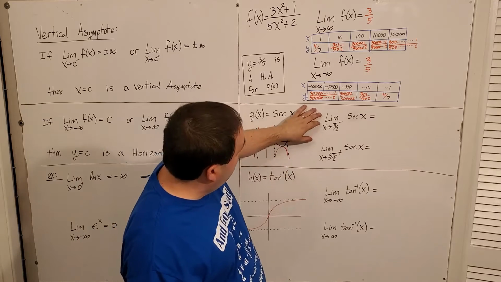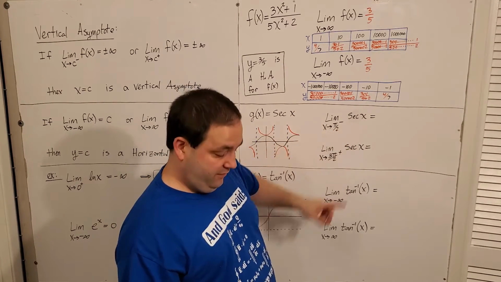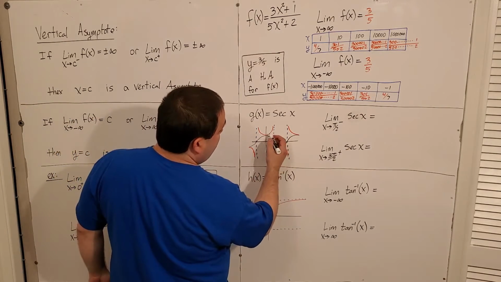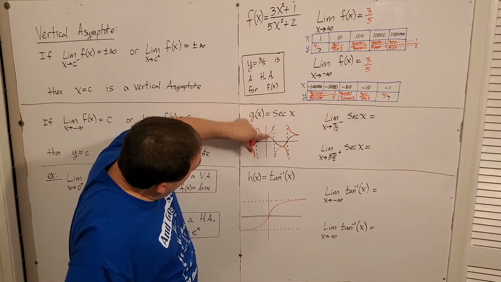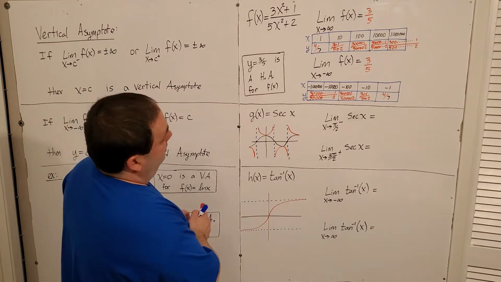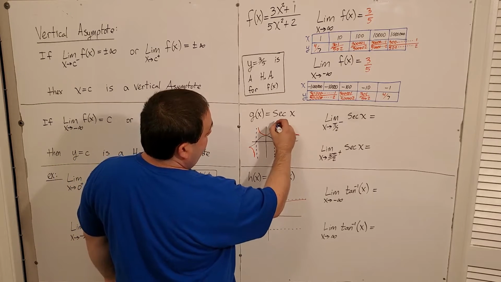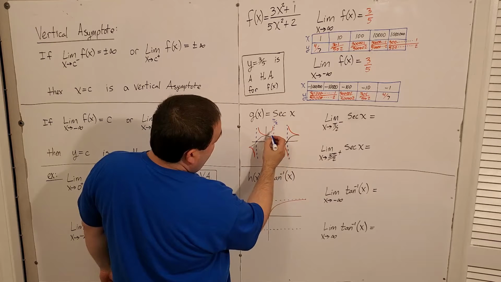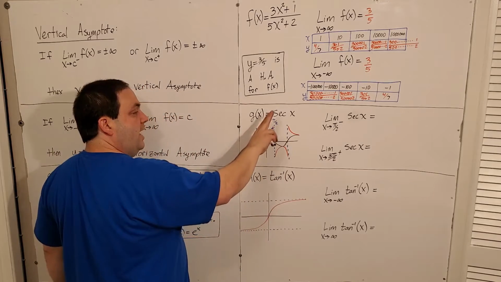If I take the limit as x goes to pi over 2 from the left, what I'm actually doing is going up this piece of the curve right here, because this line that I drew right here is pi over 2. So as I go this way, you can see what's happening.